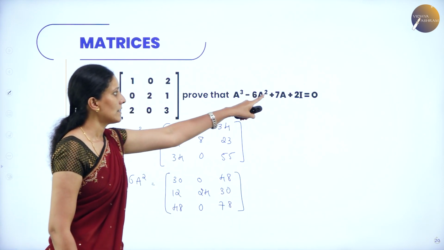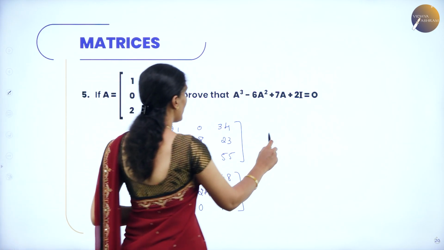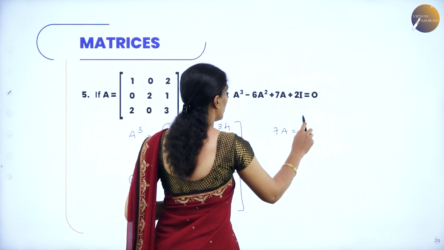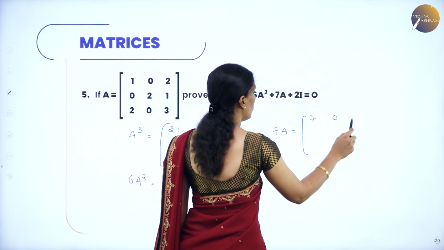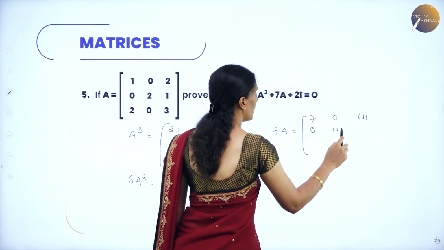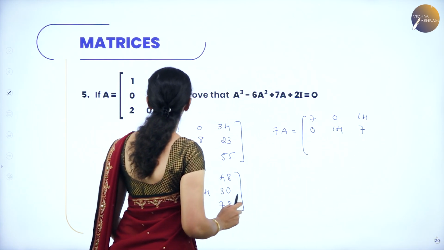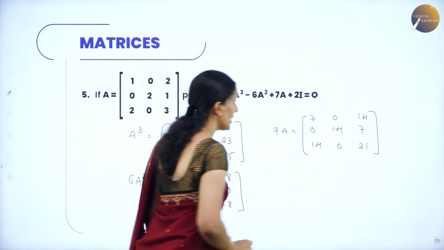And 7A means just multiply 7 to the given matrix. So 7A is 7, 0, 14, 0, 14, 7, 14, 0, 21. So this is 7A.